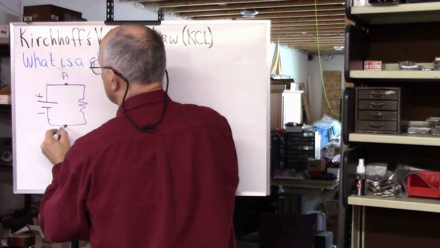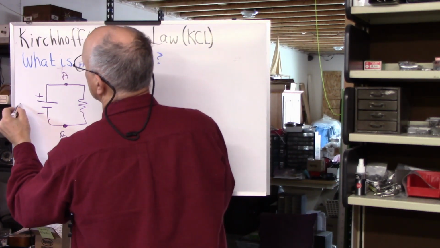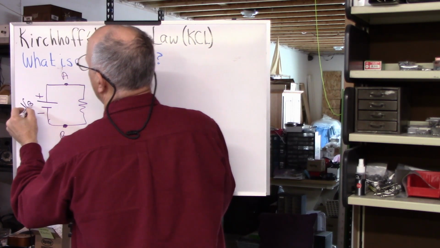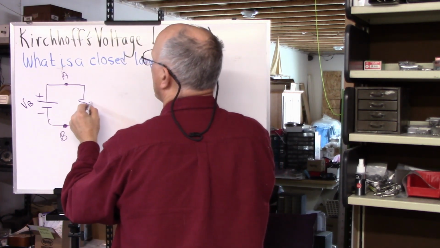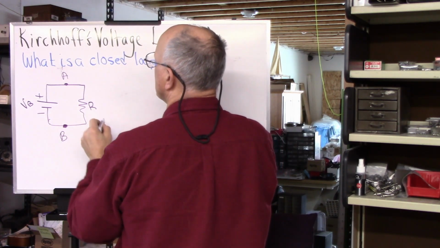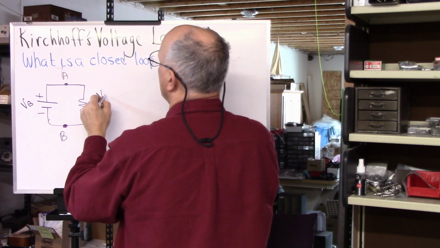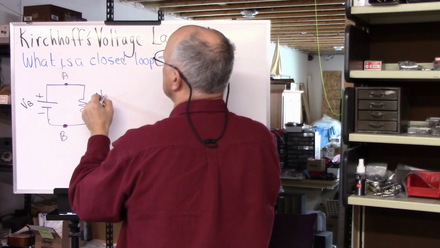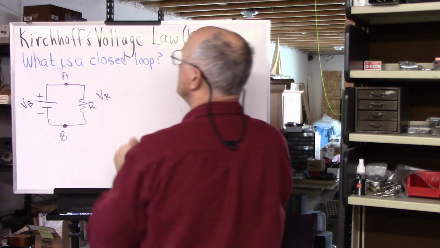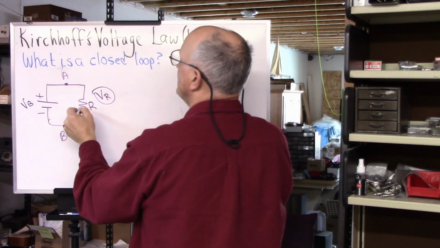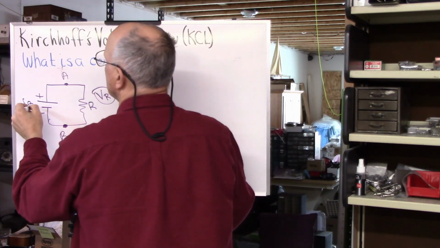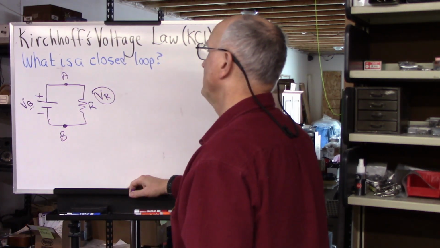So let's say we're starting at point B. This is VB. And this is the resistor, and the voltage across this resistor is V sub R, okay? So that's the voltage across the resistor. This is the voltage across the battery.